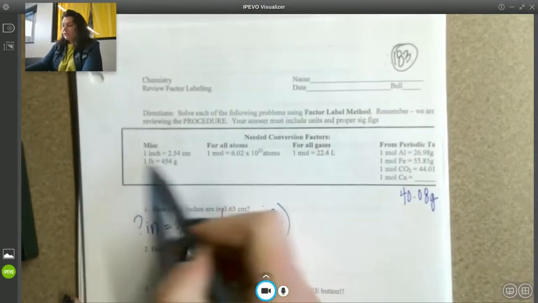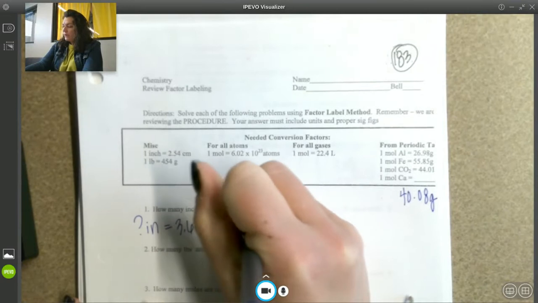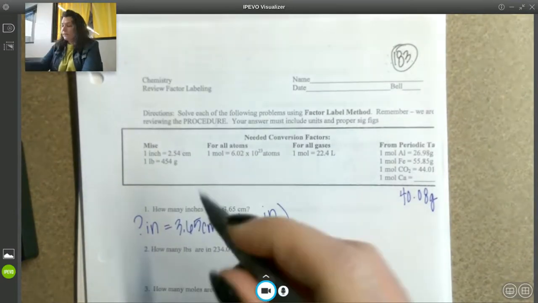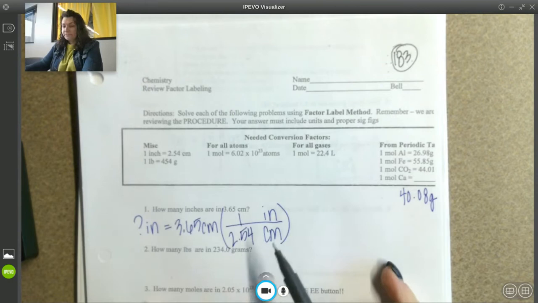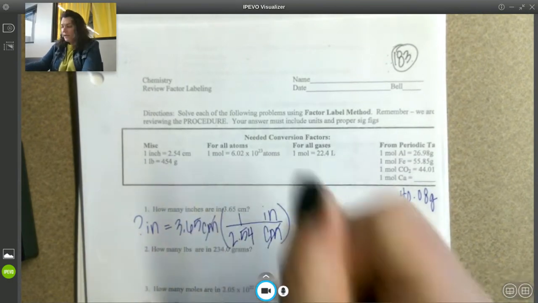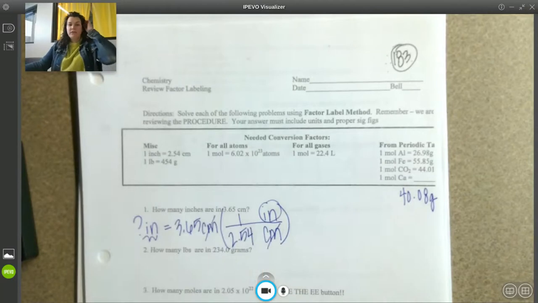The conversion is given to you up here. So for every 1 inch, I have 2.54 centimeters, and you always want to make sure your units cancel. Centimeters in the top, centimeters in the bottom, it turns into 1, so it goes away. Inches is what I'm left with. That's what the question is asking for.